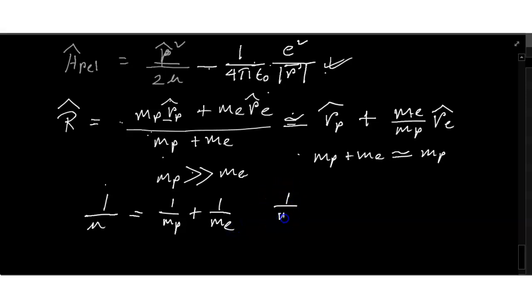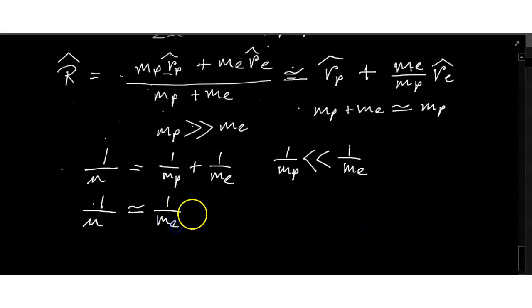Now 1 by ME is greater than 1 by MP. So 1 by mu is approximately 1 by ME, which implies mu is approximately equal to me.